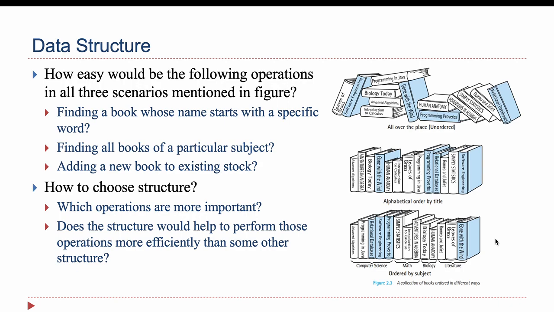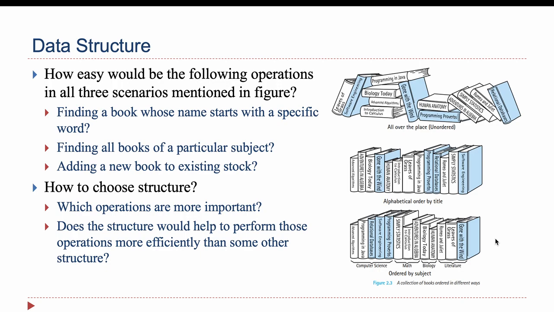Let's imagine that we have a library with a collection of books and we want to perform some operations on this collection. Specifically, we want to find a book whose name starts with a specific word, find all books of a particular subject, and add a new book to the existing stock. To perform these operations efficiently, we need to choose an appropriate data structure.